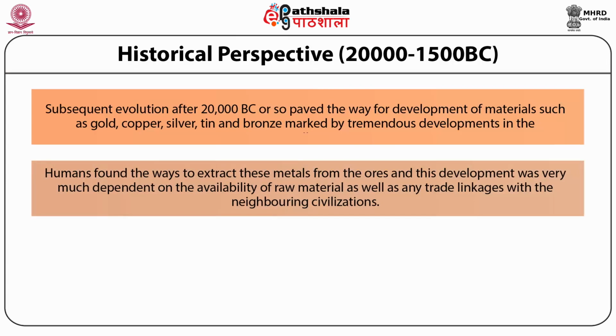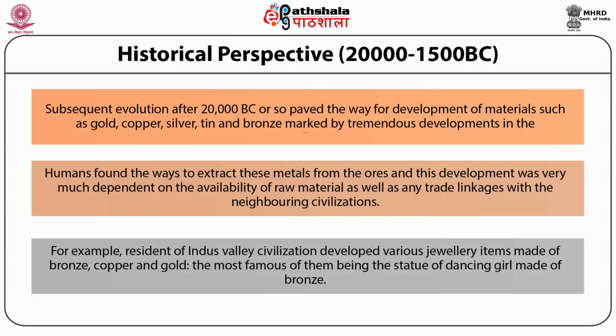This development was very much dependent on the availability of raw material as well as any trade linkages with the neighboring civilizations. For example, residents of the Indus Valley civilization developed various jewelry items made of bronze, copper, and gold. The most famous of them is the statue of a dancing girl made of bronze.